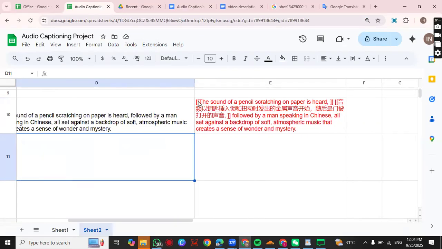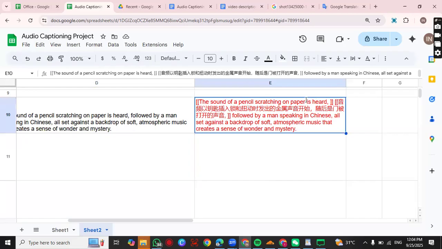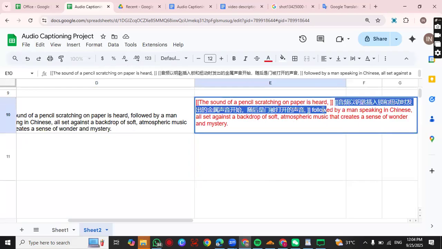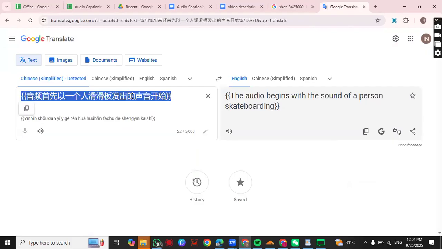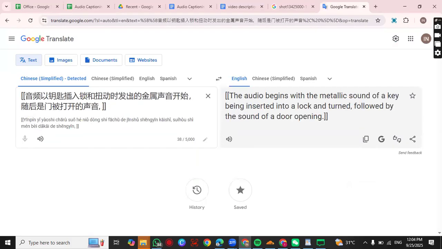So what they did was that they put this whole thing in square brackets, because this needed correction since it is wrong. We are not deleting it, we are modifying it. It is not that there is no sound at all, there is some sound but not this one, so they put it in brackets. And then they wrote it in Chinese. So we also have to first write it in English, then translate it back into Chinese. But just because the client has done this for us, let's see.